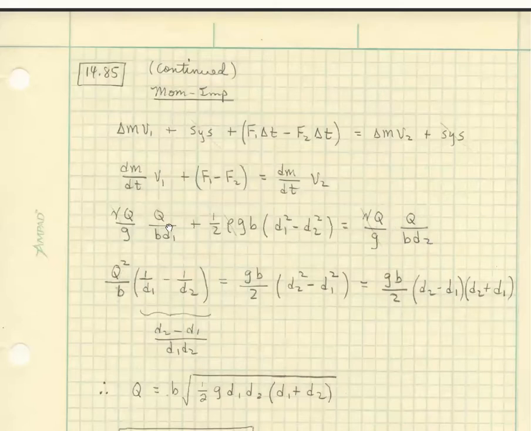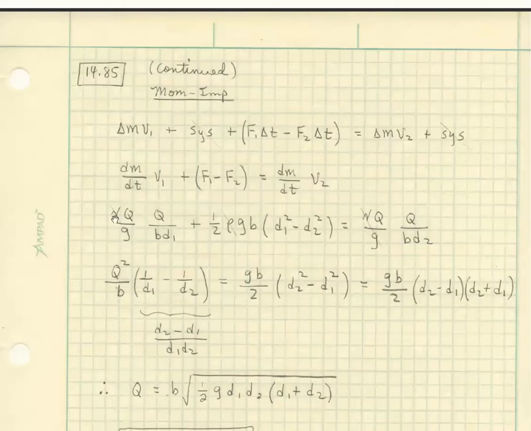And so you can see we're going to end up with Q squared terms. The specific weight over G is the density, so that's density, this is density, and that's density again, so those all cancel out. So you're left with Q squared.